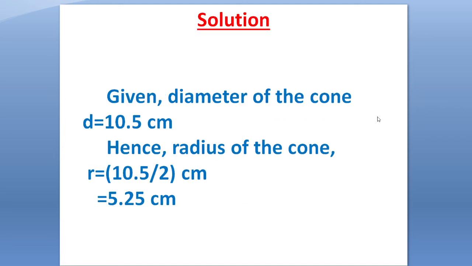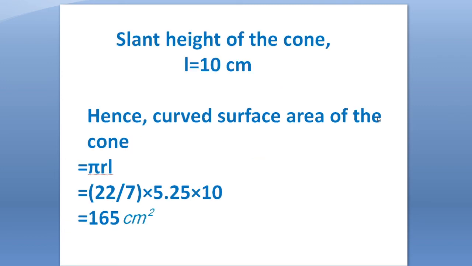So given the diameter of the cone is 10.5 centimeter, hence the radius of the cone r is equal to 10.5 divided by 2 centimeter, which is equal to 5.25 centimeter. Slant height of the cone L is equal to 10 centimeter.